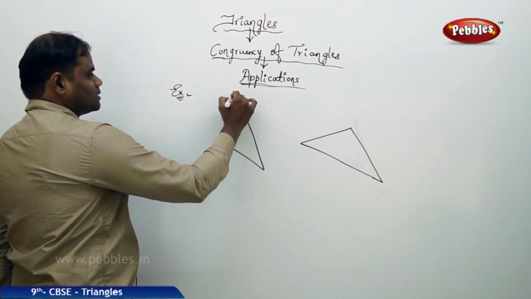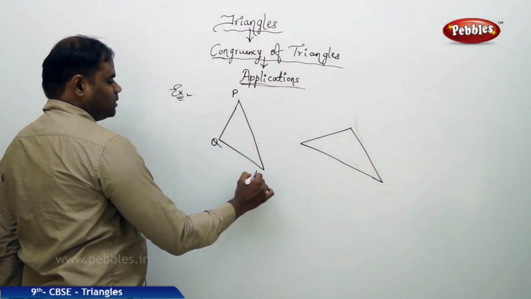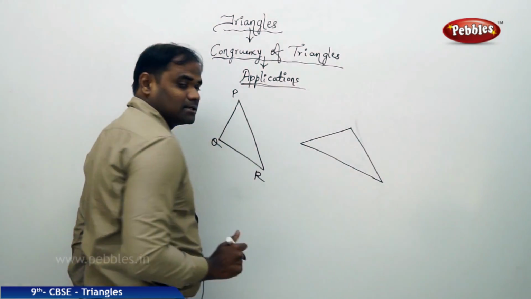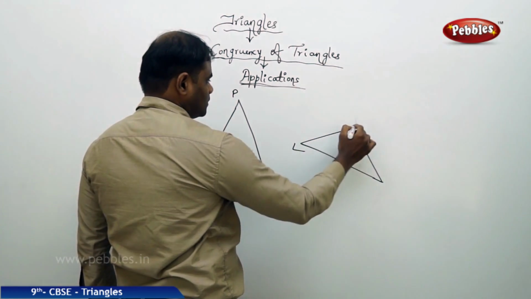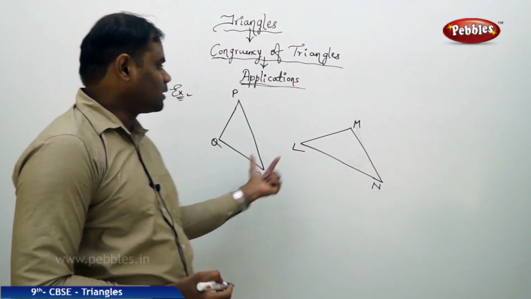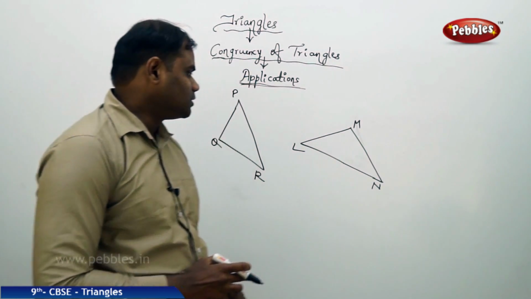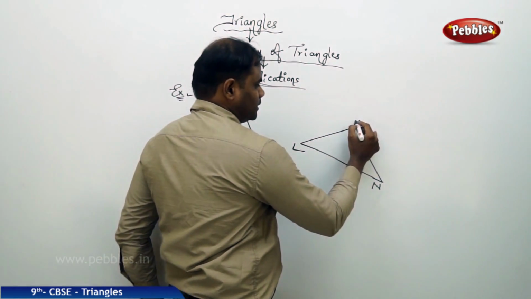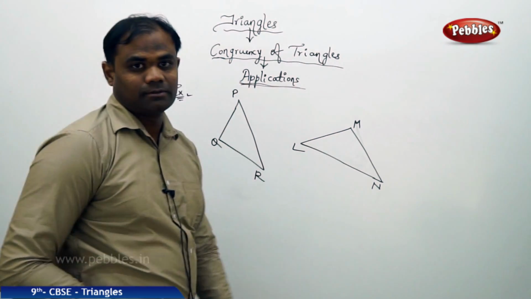I have two triangles here, PQR and LMN, which I need to identify whether they are congruent or not congruent.